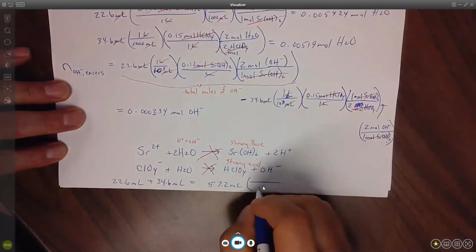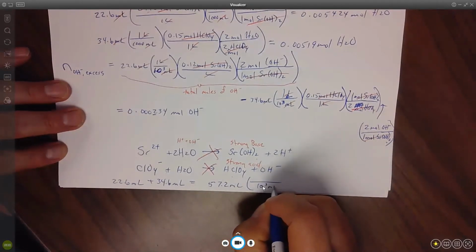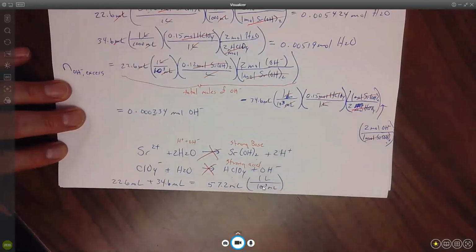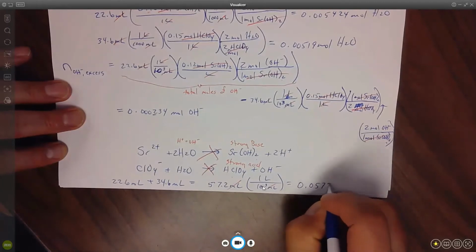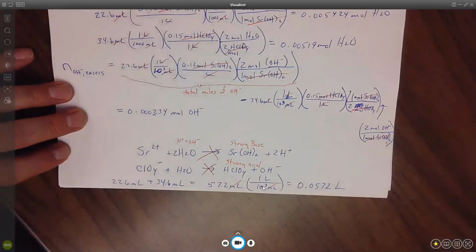We need that in liters, so I'm going to divide that by 1,000 since there's 1,000 milliliters in a liter. And that's going to give me a total volume of 0.0572 liters.